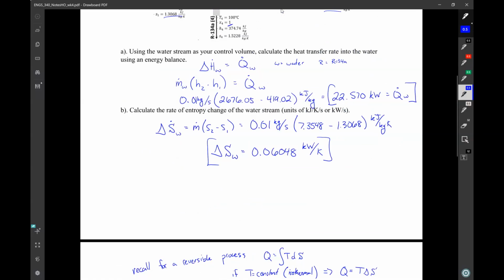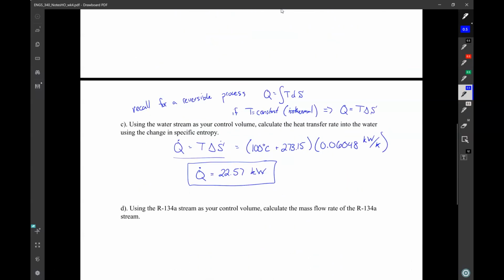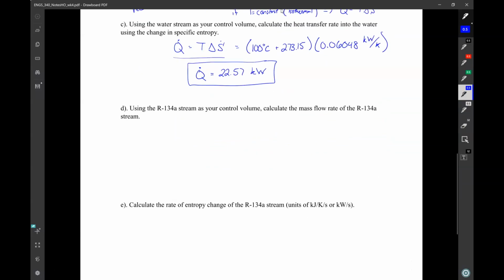And it's exactly the same answer. It's just two ways of looking at the exact same problem. We can do the energy balance, or we can look at entropy and calculate heat directly from entropy. These things are all essentially equivalent, just different ways of looking at the same problem. If we wanted to figure out the mass flow rate of R134A, we can do our energy balance for the refrigerant.